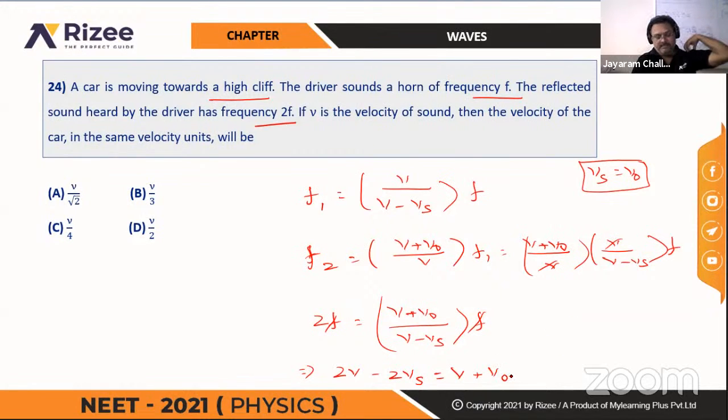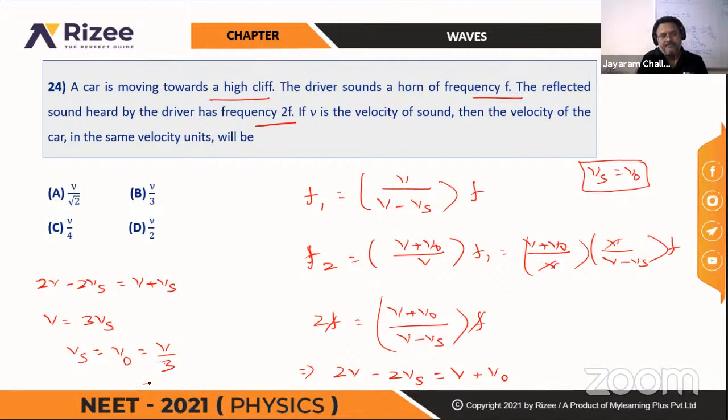Let me replace the v naught in terms of vs. Then it will be 2v minus 2vs is equal to v plus vs. So it will be v is equal to 3vs. So velocity of the source, which is equal to the velocity of the observer, which is equal to v by 3. So this is our option.